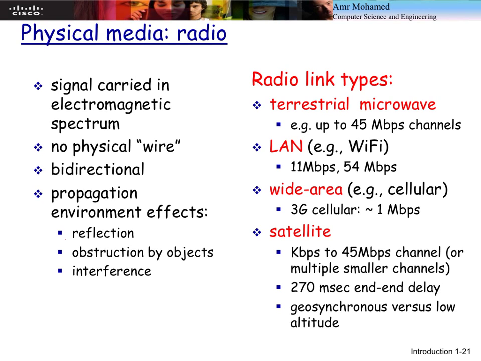Another thing that affects radio is all types of wireless signal impairments. When you send a wireless signal through the air, chances are there are some obstacles like this. Each obstacle has different characteristics.